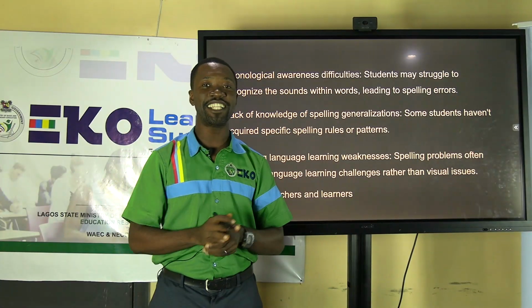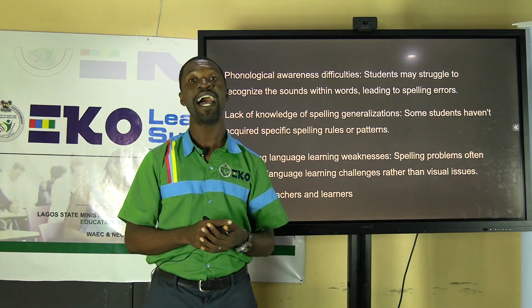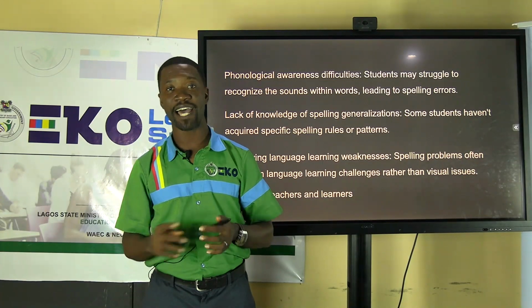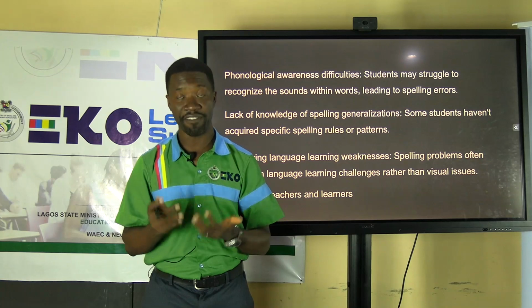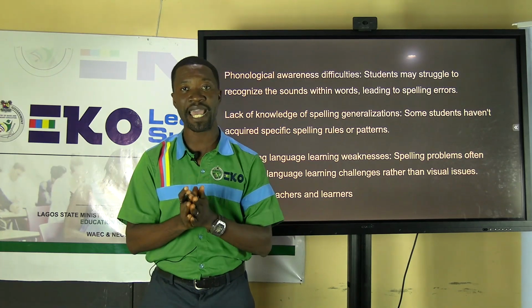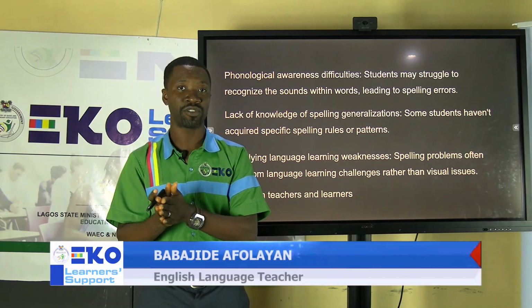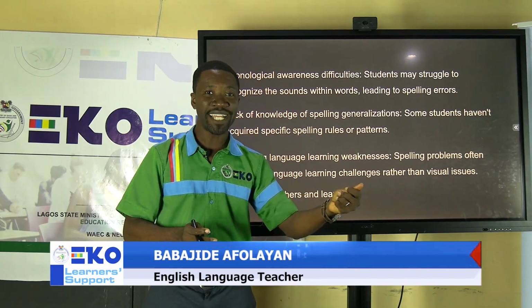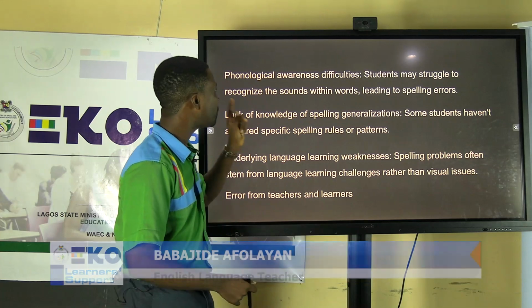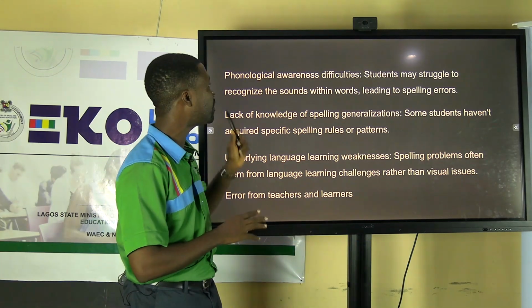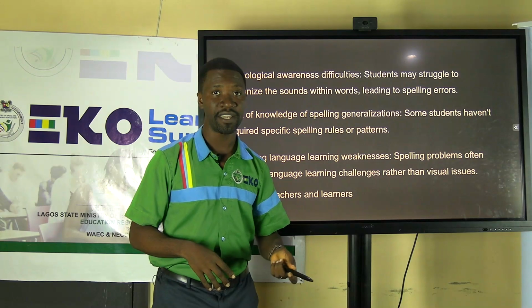We should understand that the 24 consonant sounds and the 20 vowel sounds do not correspond with the 26 letters of the alphabet, even though most of these sounds are articulated using some of these letters. So students spell wrongly because of phonological awareness difficulty.